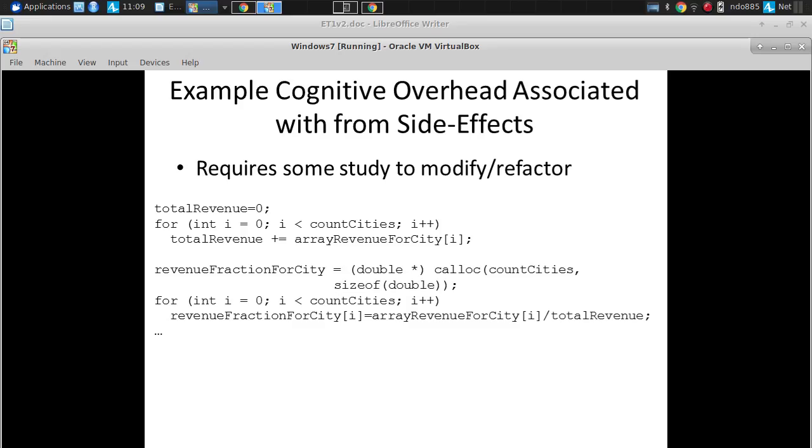We're adding it up for each city, adding in the revenue from that city, and then we're creating some sort of array, which is the fraction of the revenue that came from a given city. So we're taking the total from the city and dividing it by the total revenue, and the revenue here is a double. Okay, so there's some code, not terribly bad.